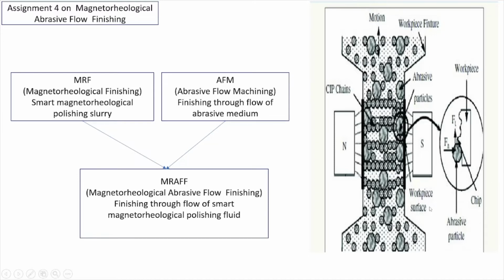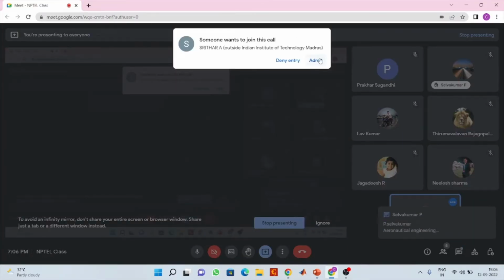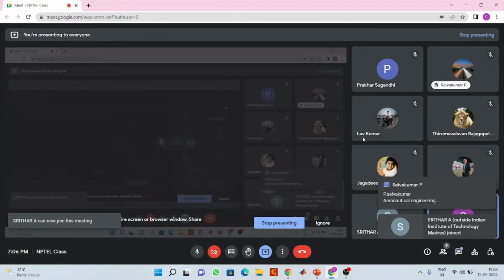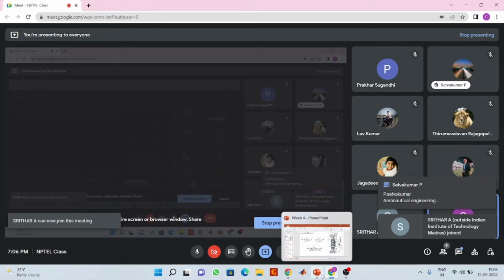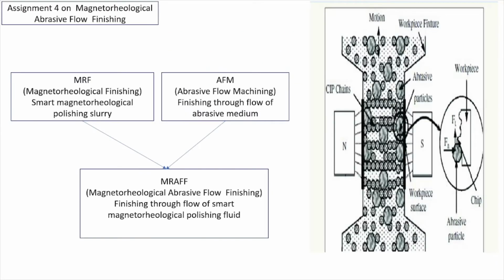First we need to understand the process; I'll briefly tell about it, though it is in the lectures, and then I'll go to the assignment questions.